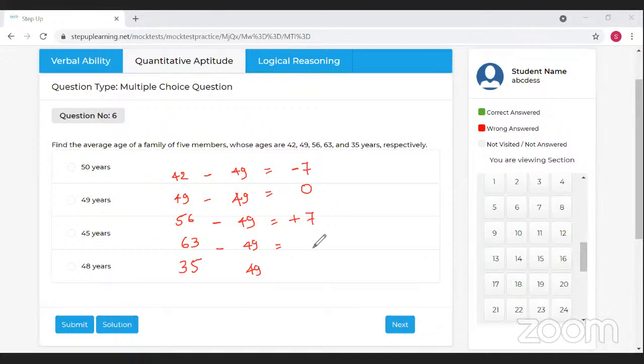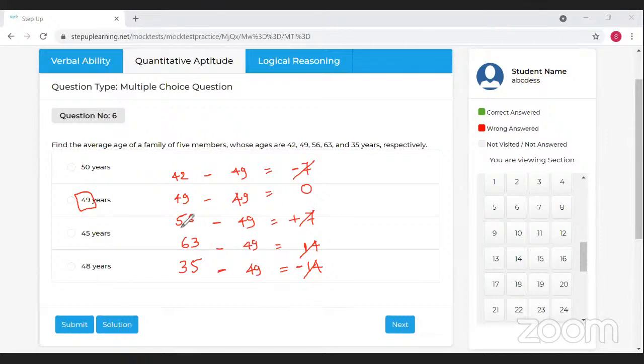It is 14. And 35 minus 49 is minus 14. Sorry, this is plus 14 and this will be minus 14. So you see minus 14 plus 14 got cancelled, plus 7 minus 7 got cancelled. At the end, we are getting 0. Hence, our answer is 49. So that will be our answer.